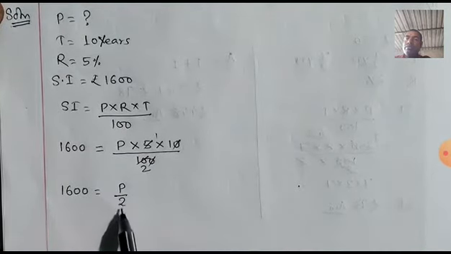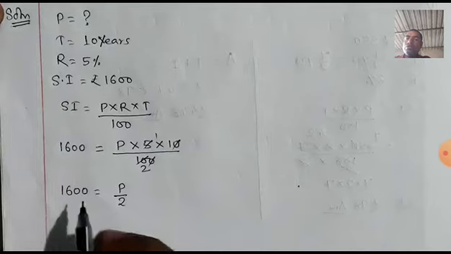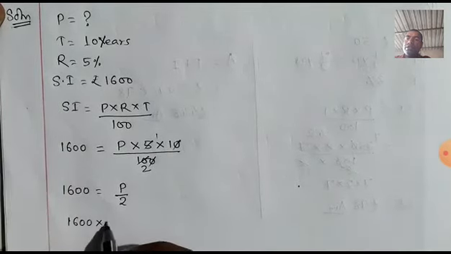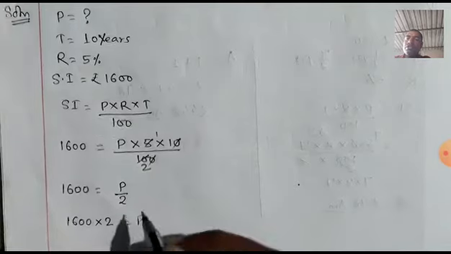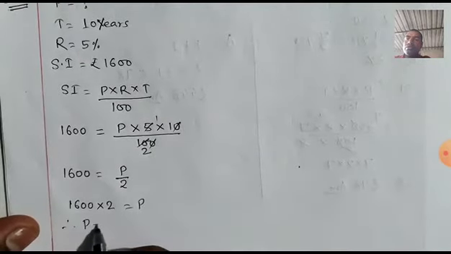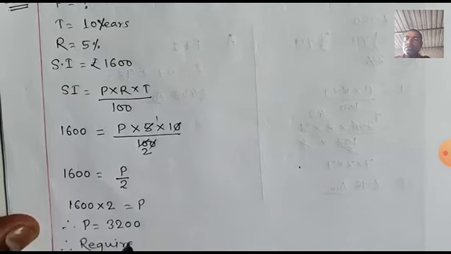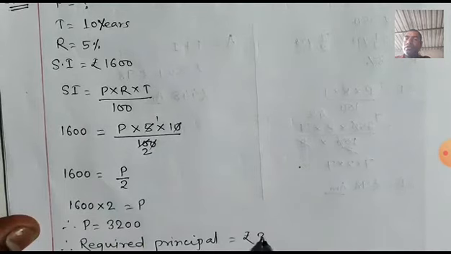We have to find the value of P. So send this 2 to the other side, the denominator becomes numerator. 1600 into 2 is equal to P. So P is equal to 3200. This is your principal, the required answer. You can write it down, 3200.